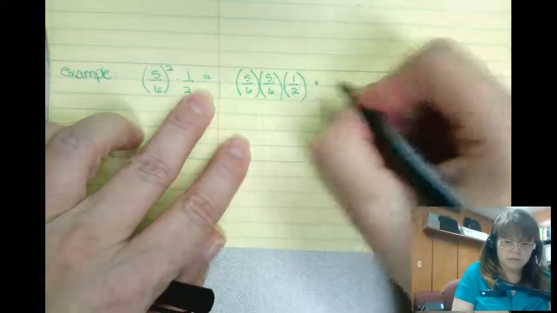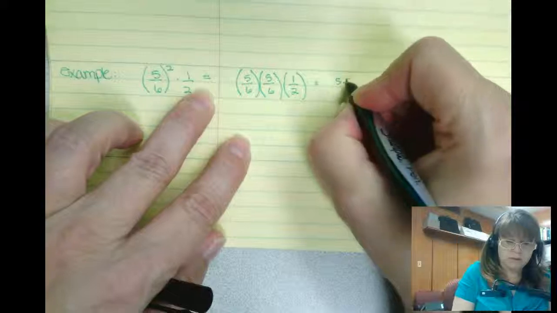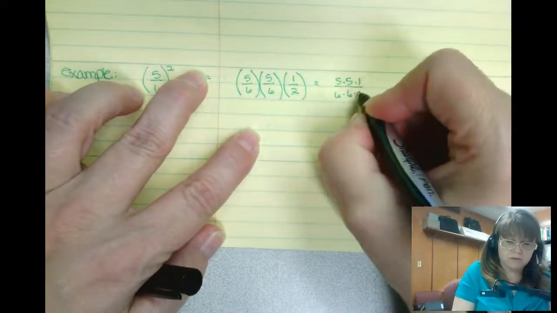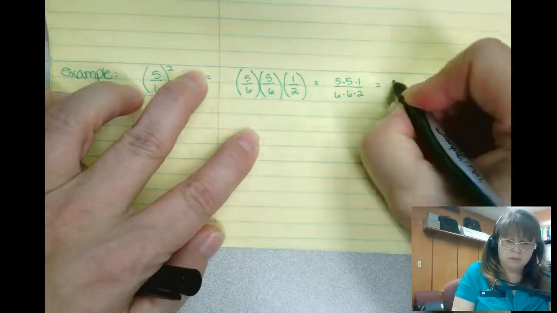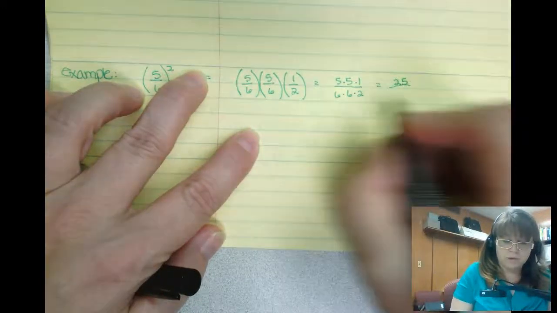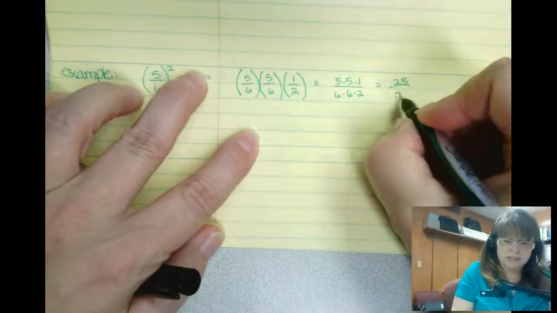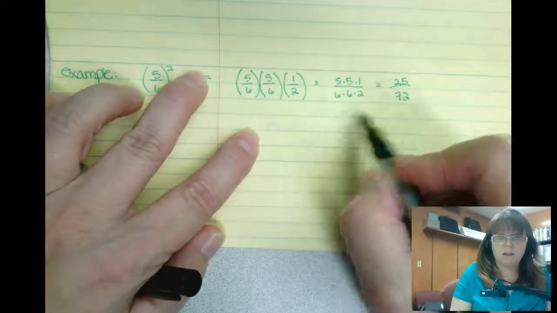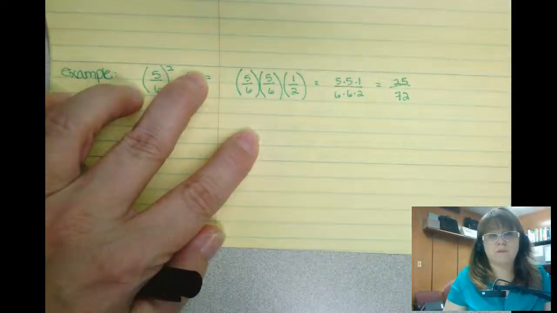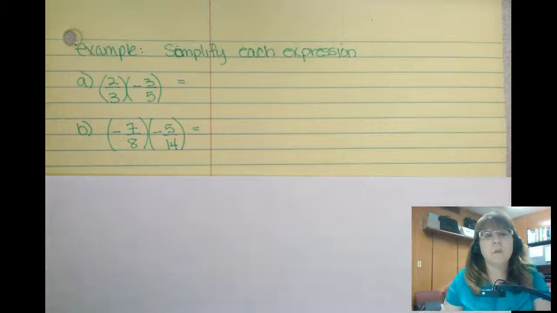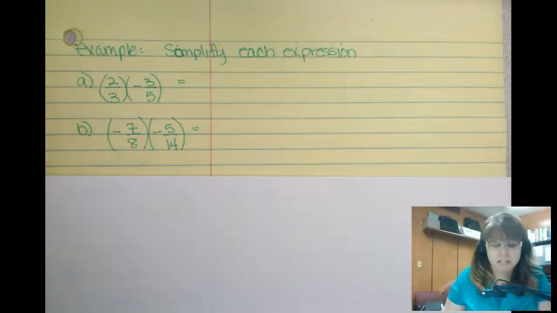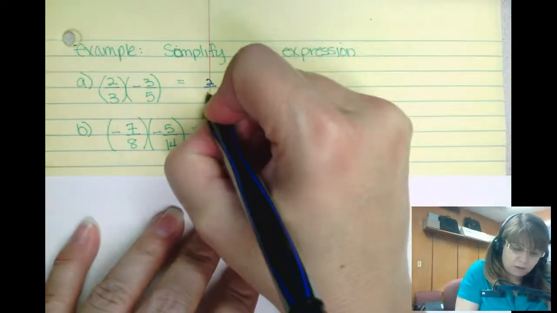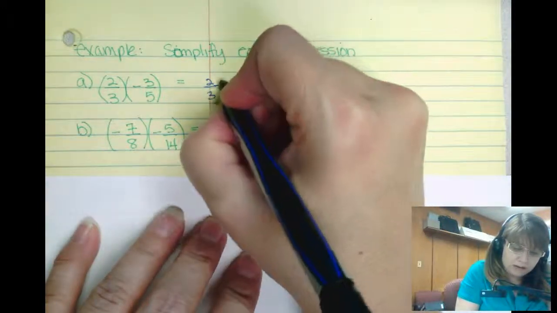So now I'm going to multiply the numerators and the denominators, leaving me with 25 over 36 times 2 is 72. And it is reduced because I can see they have nothing in common when I wrote everything on top of one fraction. And we have a couple problems to simplify each expression. So first, I'm going to go ahead and rewrite the problem all over one fraction.